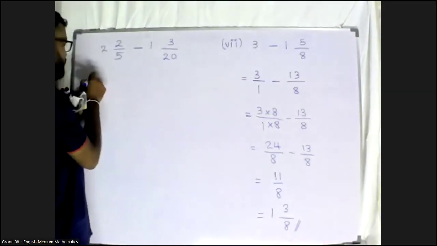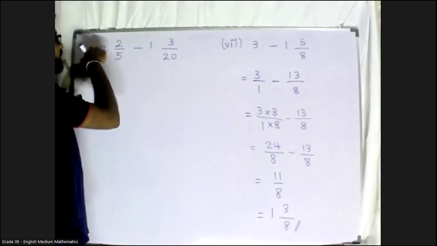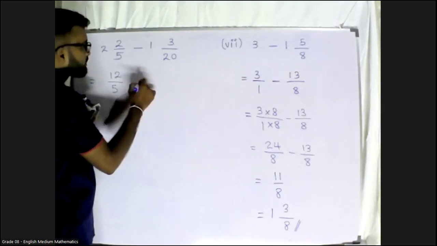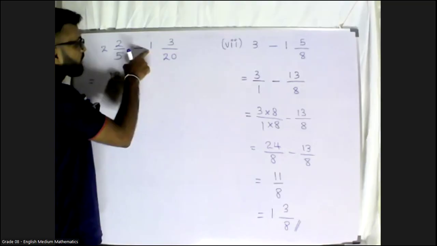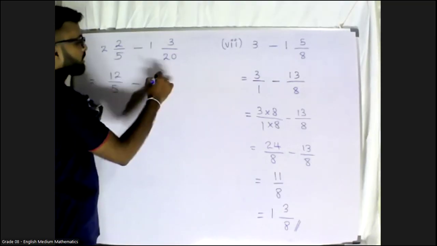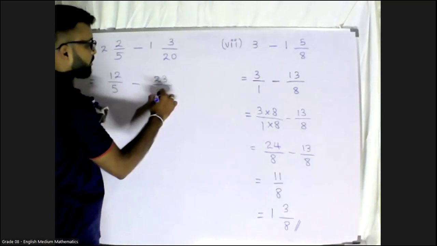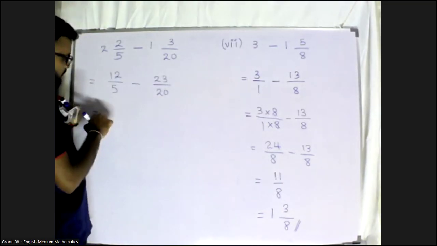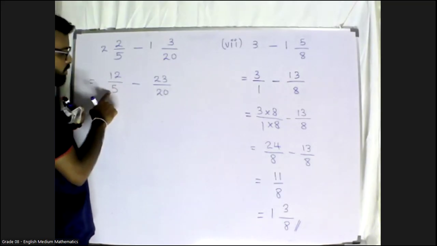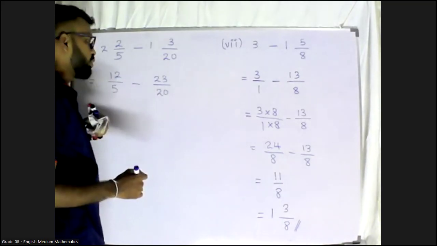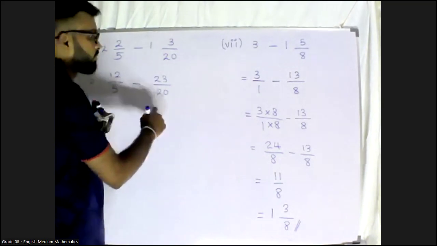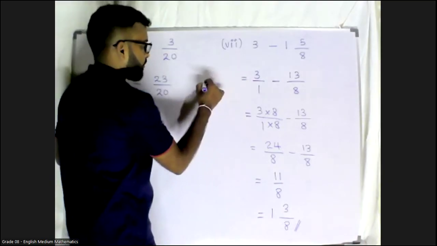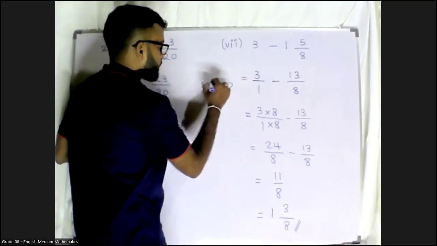Equal 1. 5 times 2, 10, 10 plus 2, 12. 12 over 5 minus 20 times 1, 20, 20 plus 3, 23. 12 by 20. Now check the denominators, 5 and 20. You have to find the LCM because these are different, not the same. 5, 20.